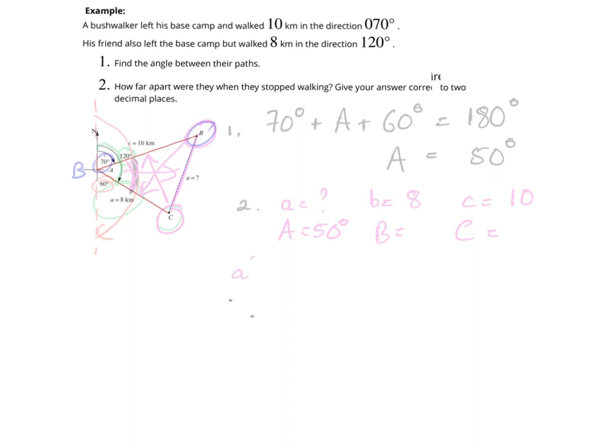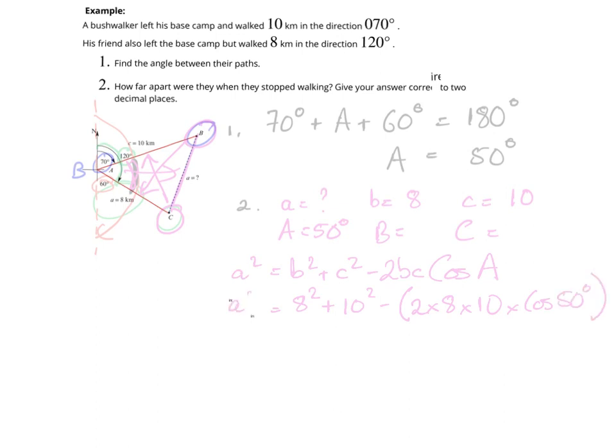So A squared is equal to B squared plus C squared minus 2BC cos of angle A. All right, let's put all that information in, and you get 8 squared plus 10 squared minus, now again I like to put the bracket, 2 times 8 times 10 times cos of 50 degrees.